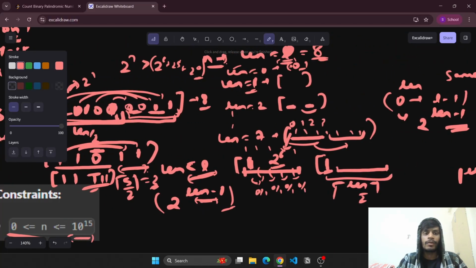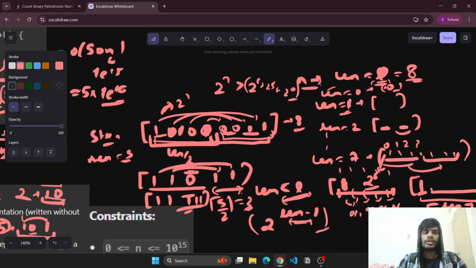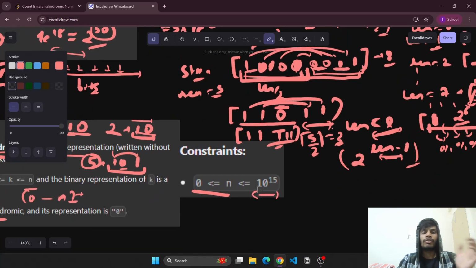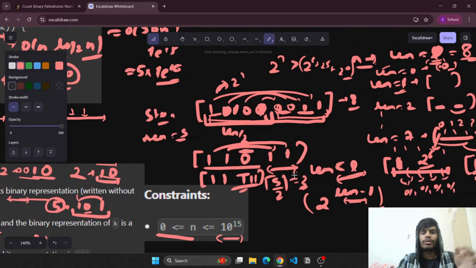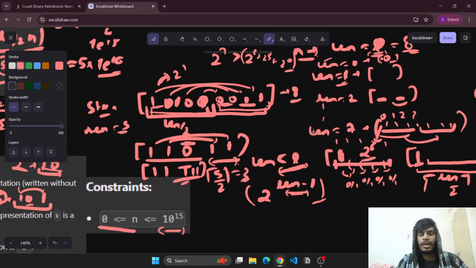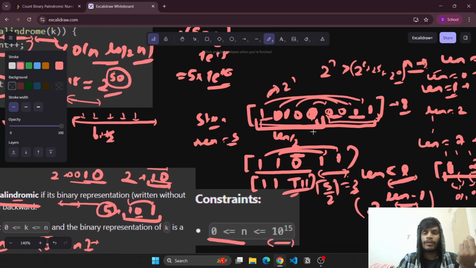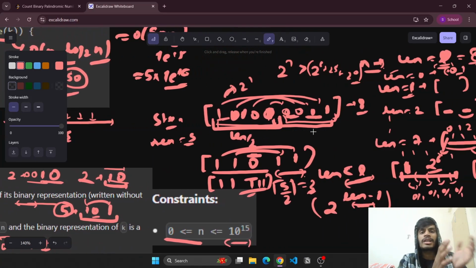Let's try to see it once again. What I tried to do here is, instead of going through all the numbers, since N can go up to 10^15, we try to go through the bits only. Now, since we need to make binary palindromes, we saw that if we simply construct the first half of the palindrome and mirror it, the other half will be automatically constructed.